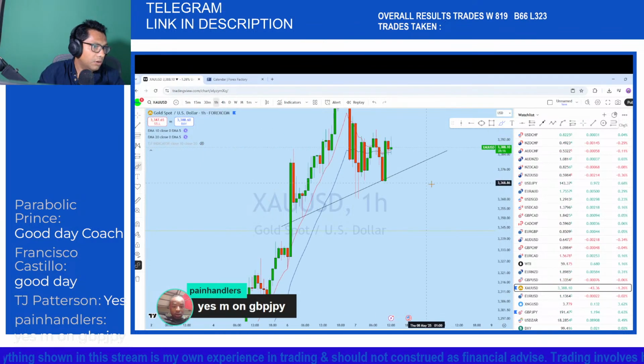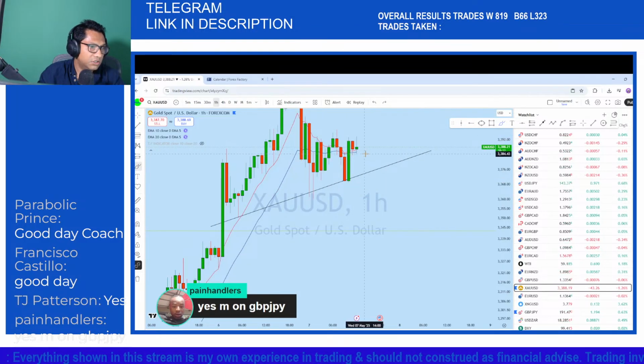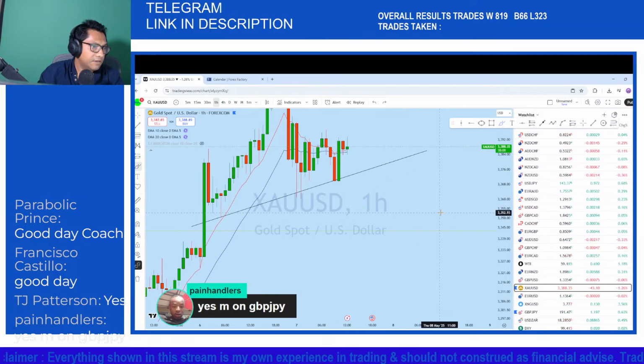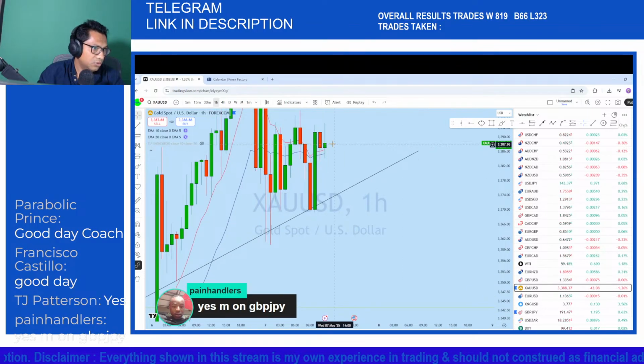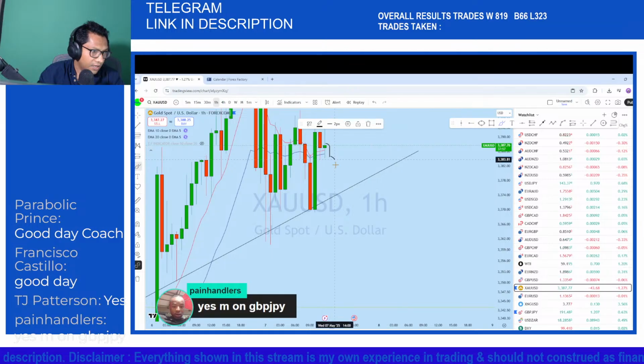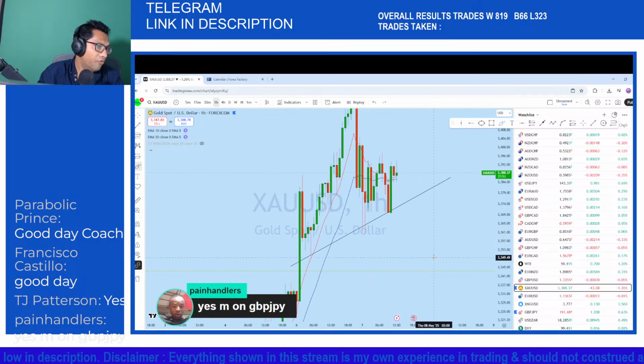On the 1-hour, you can see a potential doji forming, and here the bias is to wait for a bearish pressure locally so that we can go long.